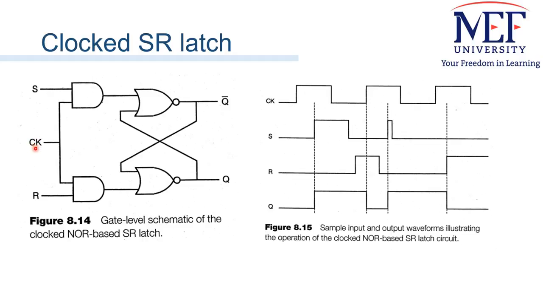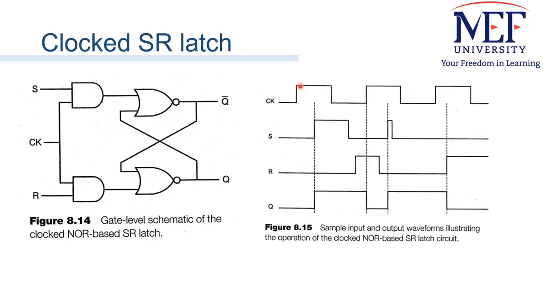If the clock signal is low, if it is 0, then the output of this AND gate will be 0. As you recall from the previous lecture, 0, 0 at the inputs of this NOR based latch means hold your state. So when the clock is 0, this structure will hold its state.